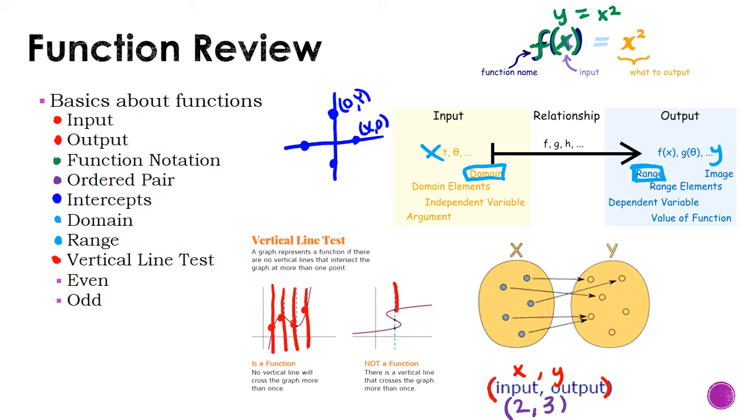If I draw a vertical line and it goes through more than 1 point, that is not a function. So typically when we have our x squareds, x cubes, x to the 4th, or linear, those are functions, and we use them as functions. But graphically, if you see something that looks a little different, if it doesn't pass the vertical line test, it is not a function.